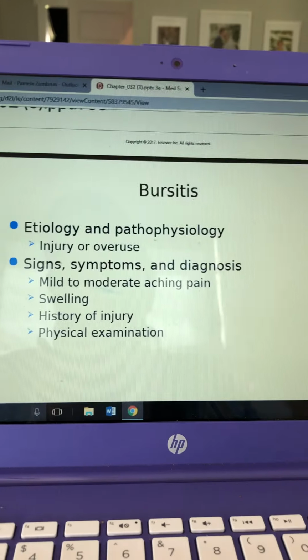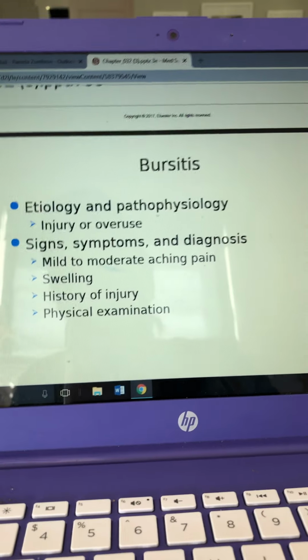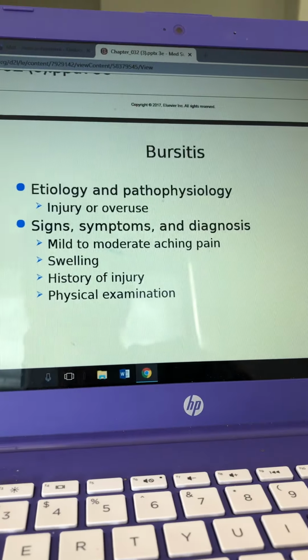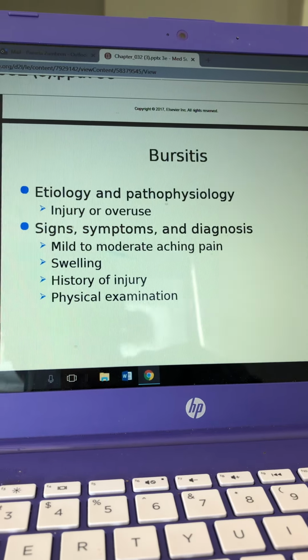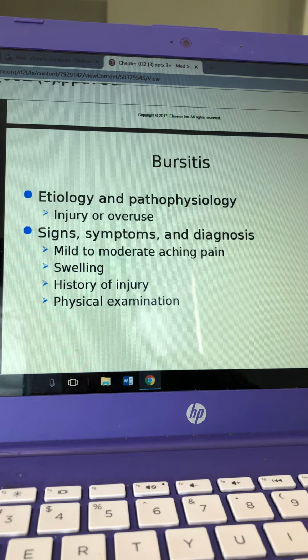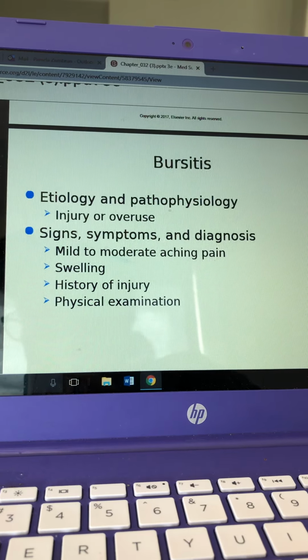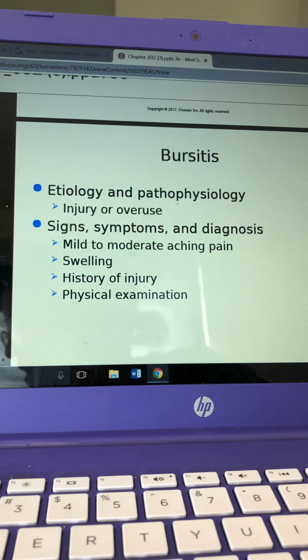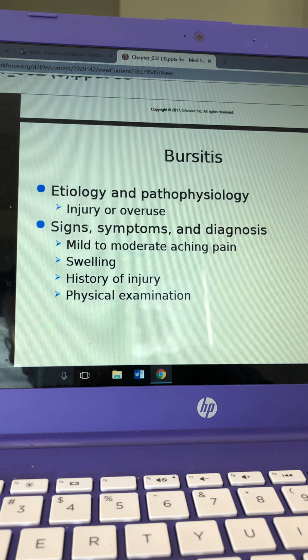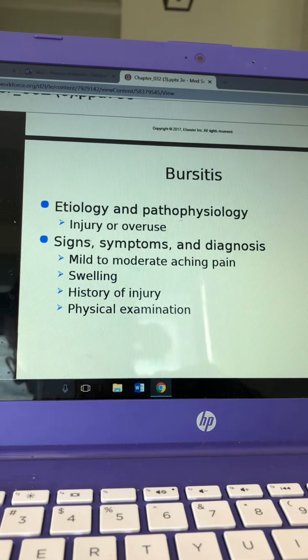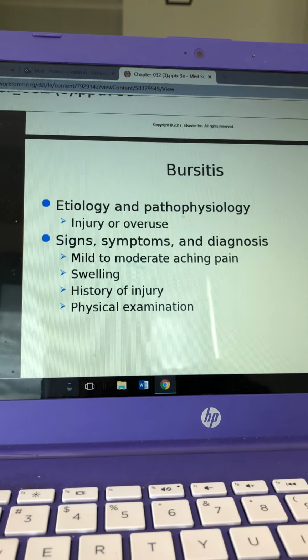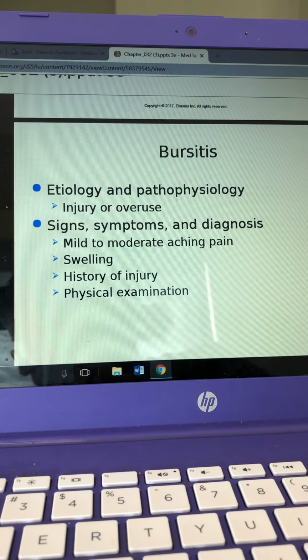Bursitis. Okay, when you think about bursitis, I know you think of your grandma, but actually people who are even in their 40s or so can get bursitis. It's very painful, and it's an inflammation of the sac that is, shall we say, lining the freely movable joints.